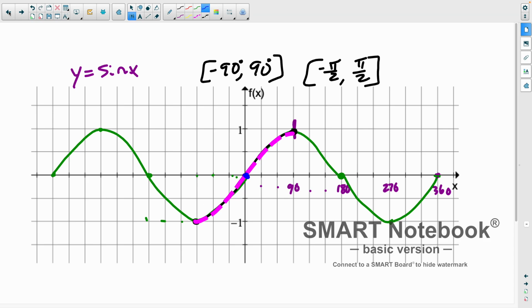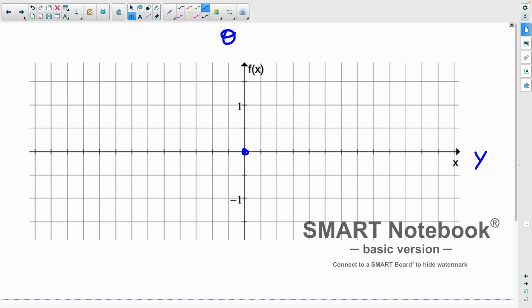So if I take both of those and I switch them, and so we had 0, 0, and then 90 is going to go there and 1's going to go there, and negative 90 is going to go here and negative 1's going to go there. I think we have quite a bit of information there. So if that was the case, I'm going to go 1 and I'm going to go 90, which would be technically 3 spaces because that'd be 30, 60, 90. I'm going to go negative 1 and negative 90. And so there would be my graph right there.